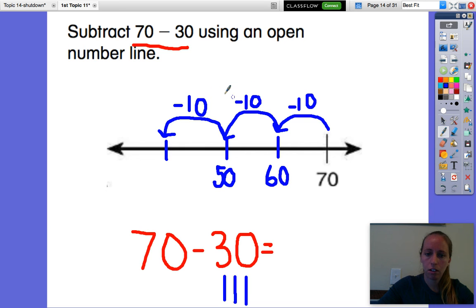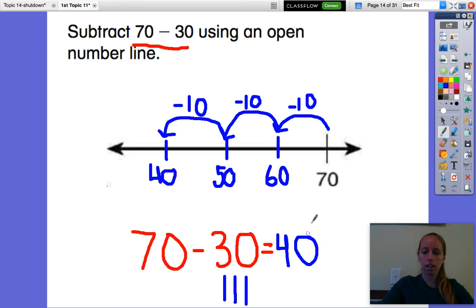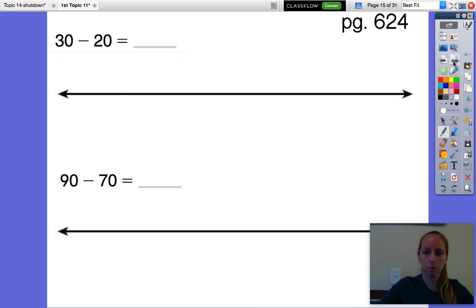We took away 10, 20, 30, and we are left with 40. So let's see, 70 minus 10, 20, 30, we landed on 40 using an open number line. So 70 minus 30 equals 40. Our difference is 40. All right, let's try the guided practice problems together on page 624.